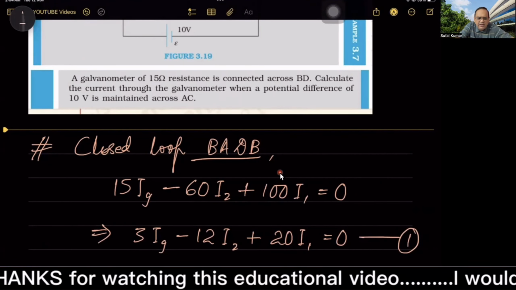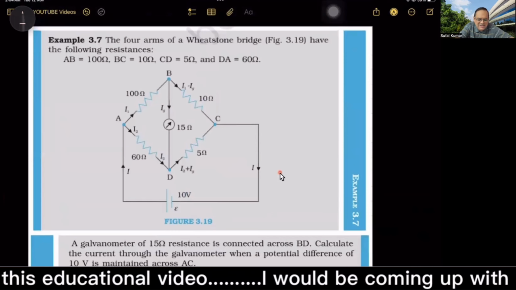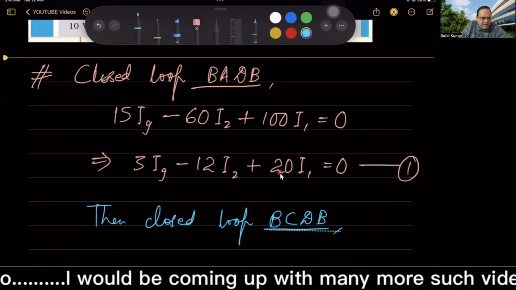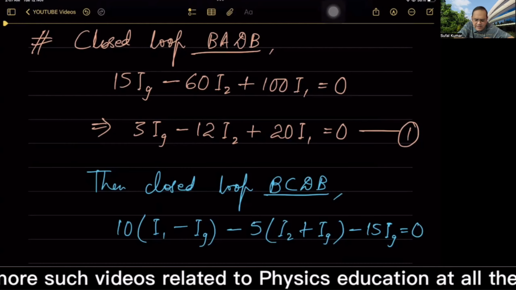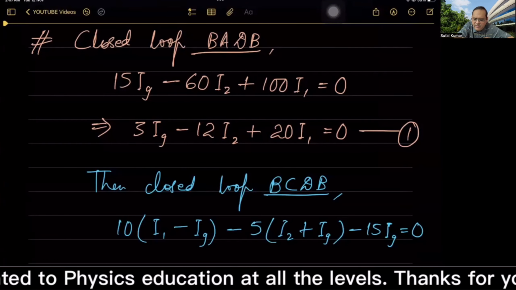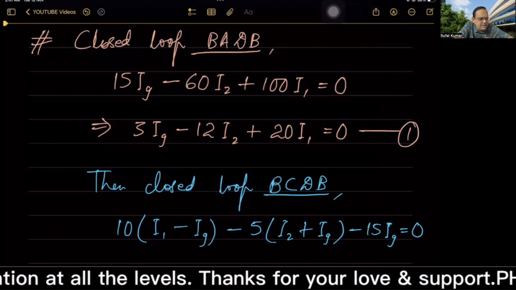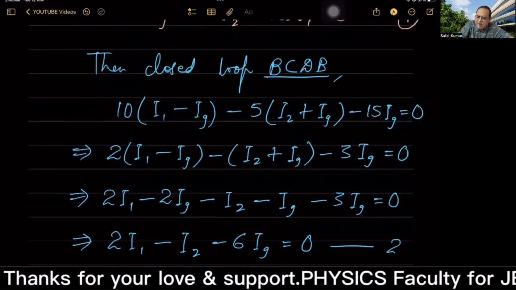Then considering closed loop BCDB, in this loop 10 times I1 minus IG, minus 5 times I2 plus IG, this has become equation number 2.